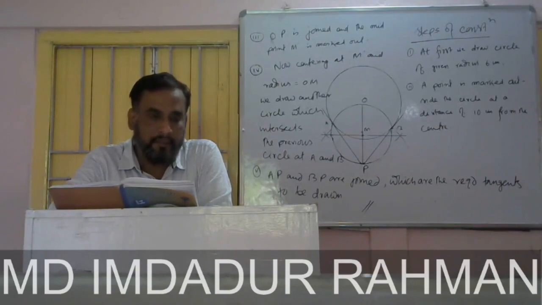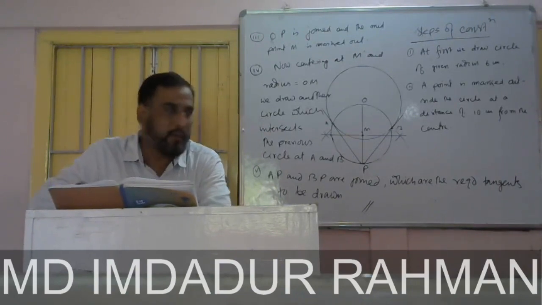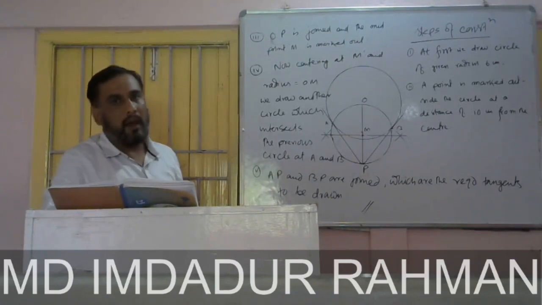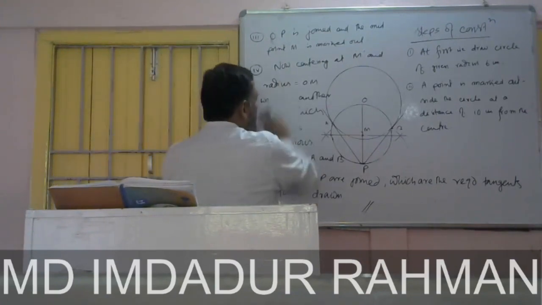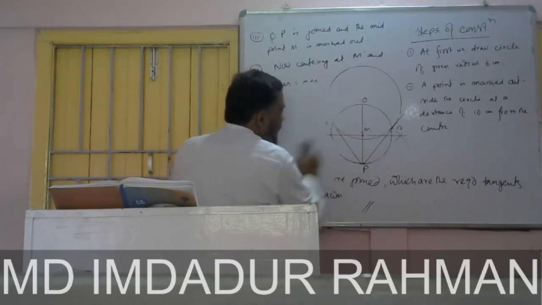I am repeating. At first we draw two concentric circles. It will be better if I write down the steps of construction, and construction will remain as your homework.